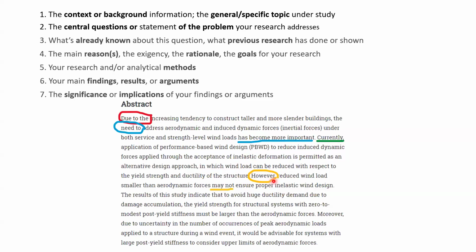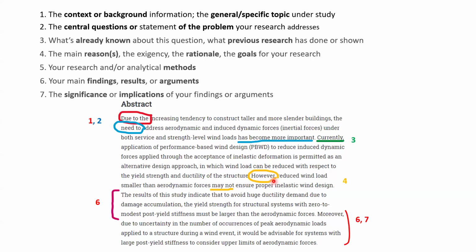It marks the deviation of the present research and the research gap you identify. So you have one and two covered here, three covered here, what is already known, and four the reasons and the goals of your research. And then the results of this study, the findings, are given here.